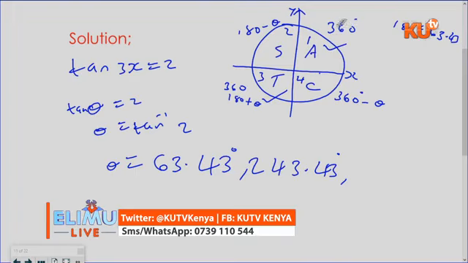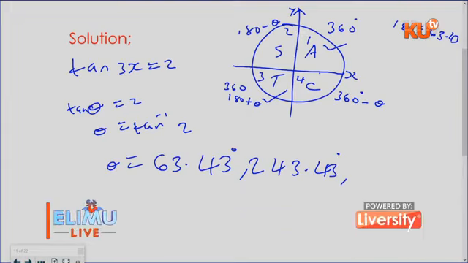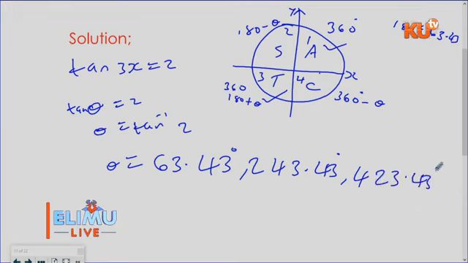I hope you know where this 360 is coming from, because now this is the second lap, not the first lap. So you'll have 360 plus our theta. So you can work out that one. 360 plus our theta, which is 63.43. That will give us, what are you getting, learner? You'll get 423.43 degrees.